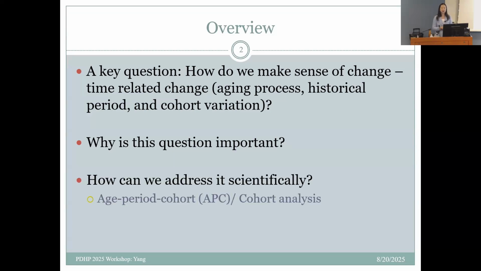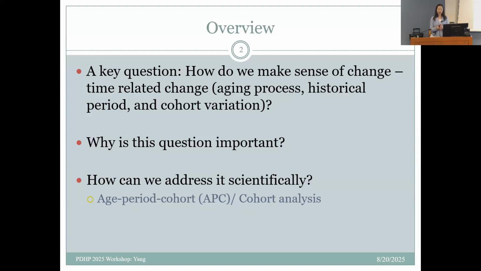So how do we address this scientifically? Most population and health research deals with temporally ordered data, if you think about it that way. By that I mean population or survey data that are organized in the form of observations that are repeated over or ordered along a certain time dimension. To study time-related change, we compare these data recorded at different points in time, oftentimes age-specific data recorded for different birth cohorts along different times.